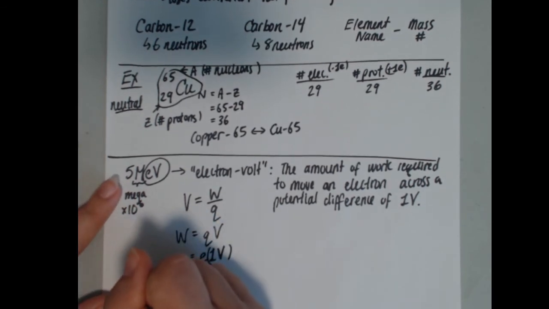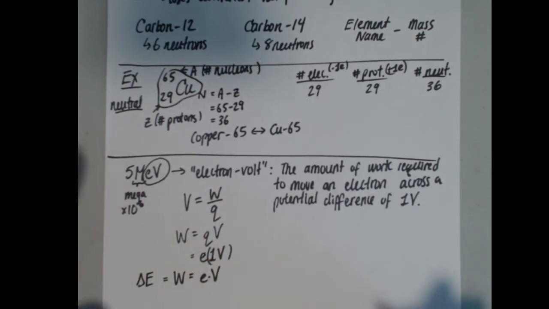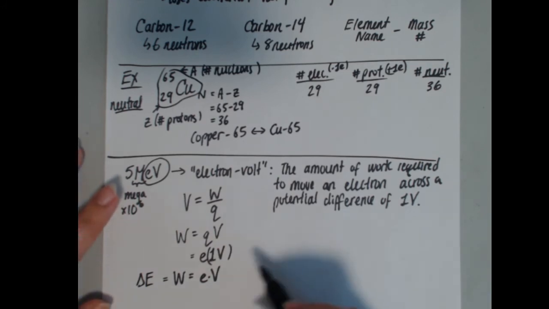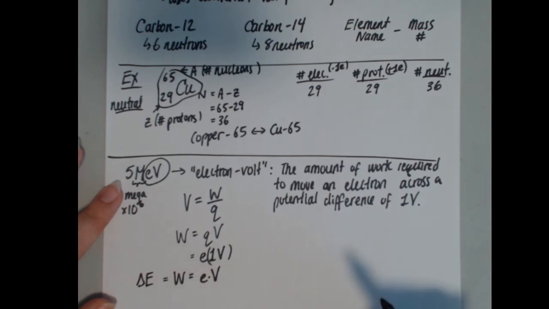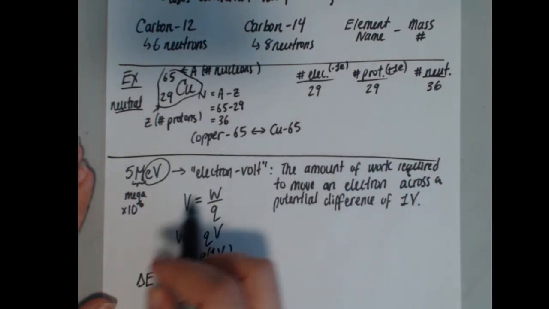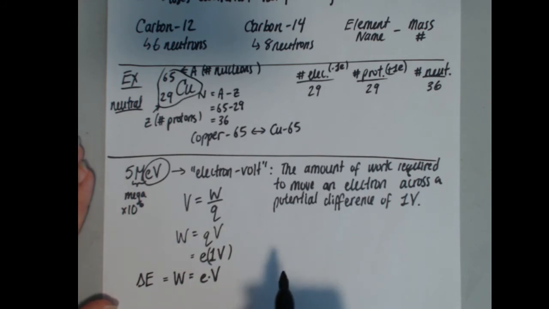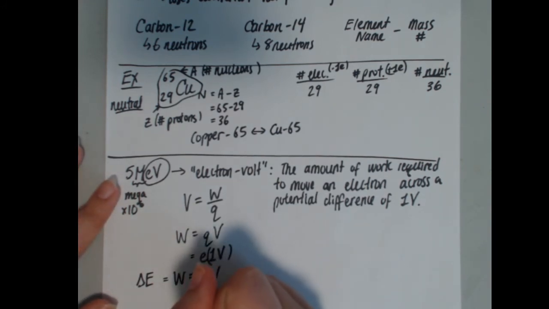Work is the amount of energy or the change in energy that gets applied to a certain situation. So the change in energy is given by e times V, which is the electron volt. If this derivation is a little bit confusing to you, don't stress about it too much. What I want you to remember is this.